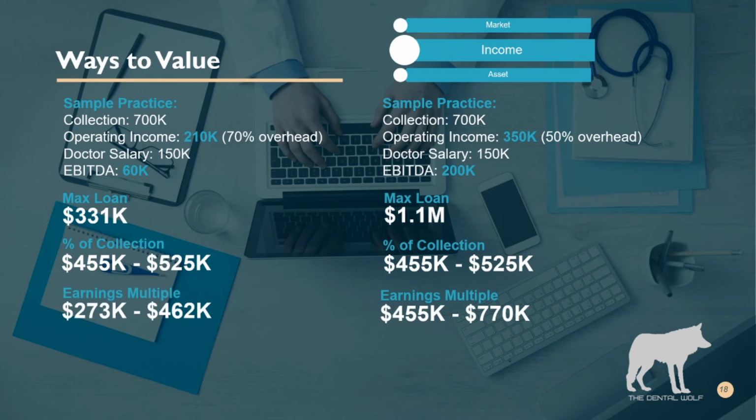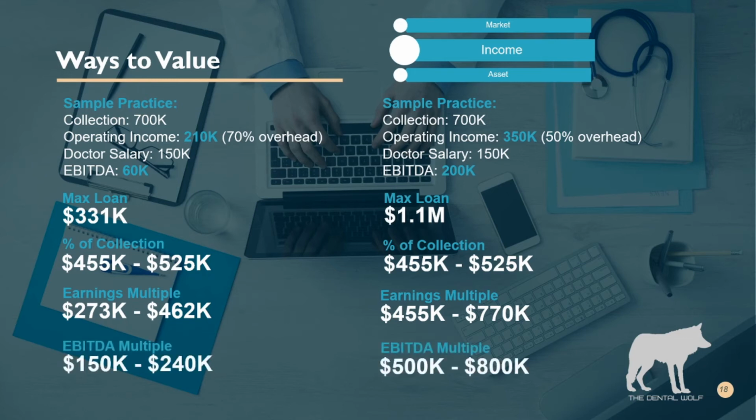If we were to look at an earnings multiplier, practice number 1 would value for between $273,000 and $462,000. And practice number 2 would value much higher at $455,000 to $770,000. And if we were to look at our EBITDA multiplier, practice number 1 would value between $150,000 and $240,000. And practice number 2 would value between $500,000 and $800,000.